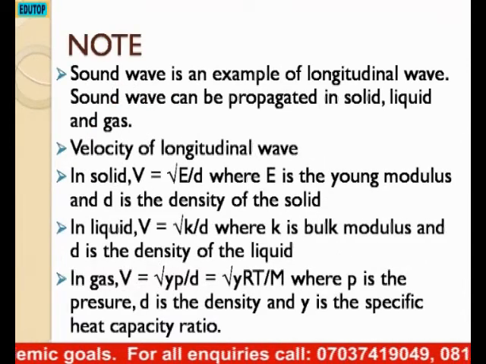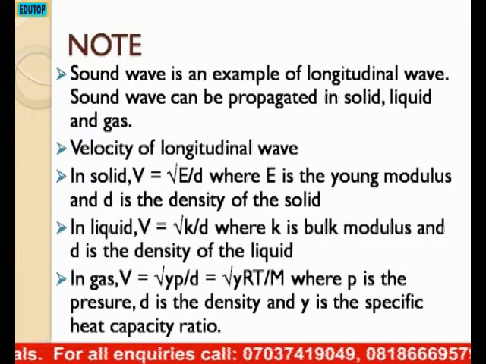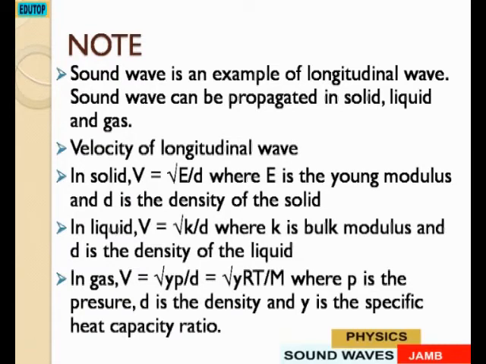Right now, we are still going to consider sound wave as an example of longitudinal wave. As we know, sound wave can be propagated in solid, in liquid, and in gas. Then we are going to consider the velocity of longitudinal wave.